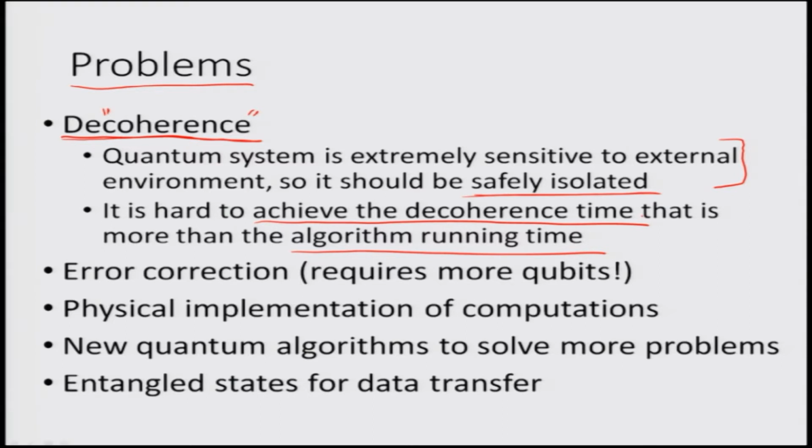The other important aspect related to decoherence is the fact that it requires corrections, and the corrections could be due to loss of coherence or many other errors, and so it requires the principle of error correction, which means that it would essentially require more qubits than are required to simply look at the problem from first principles.